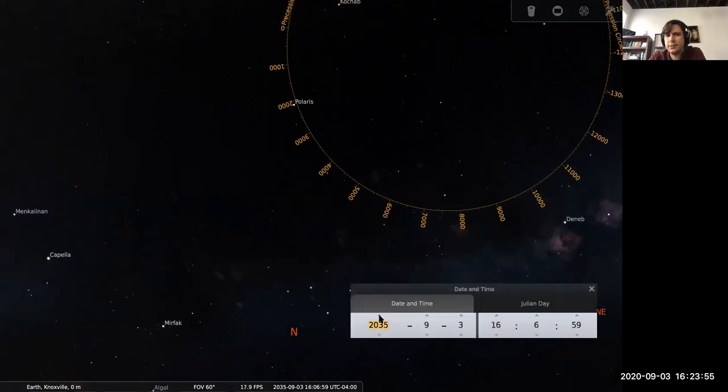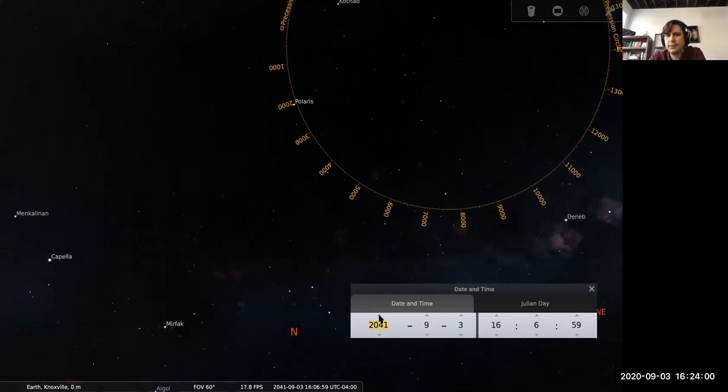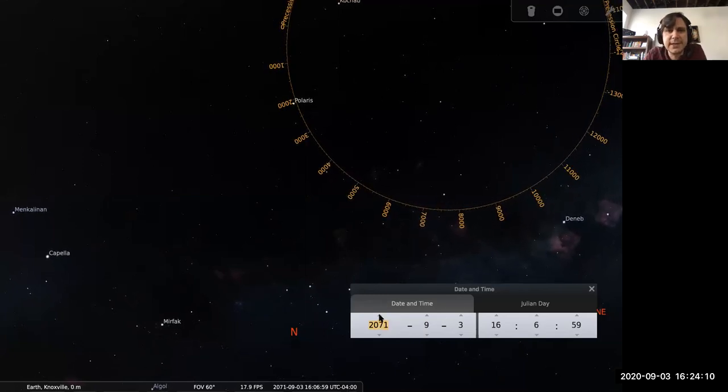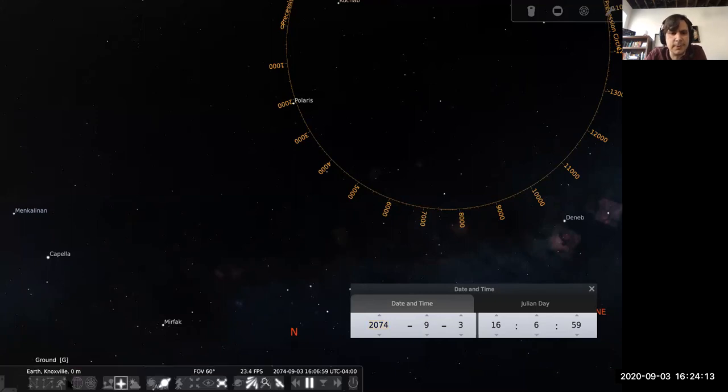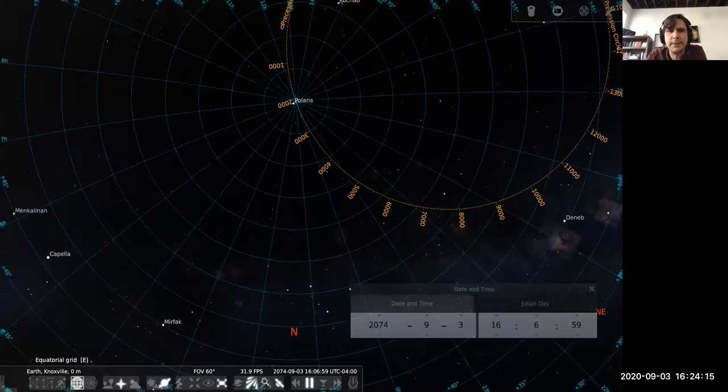Also notice 1, 2, 3, 4, 1, 2, 3, 4. We're seeing the extra quarter of a day, the leap year. Go ahead and hold this down, and you probably can't really see. Oh, I know what I need to do. I apologize for that. Pop up the equatorial grid.